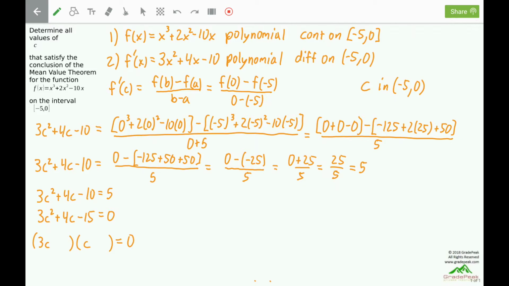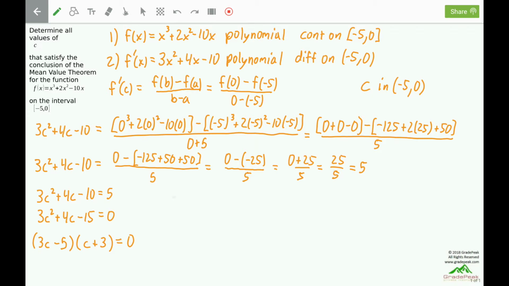That will work if the 5 is put here and the 3 is put here, so that we have a 9c and a 5c, which can combine to be a positive 4 if the 5 is negative and the 9 is positive. So we will have a negative here for the negative 5c and a positive here for the positive 9c.